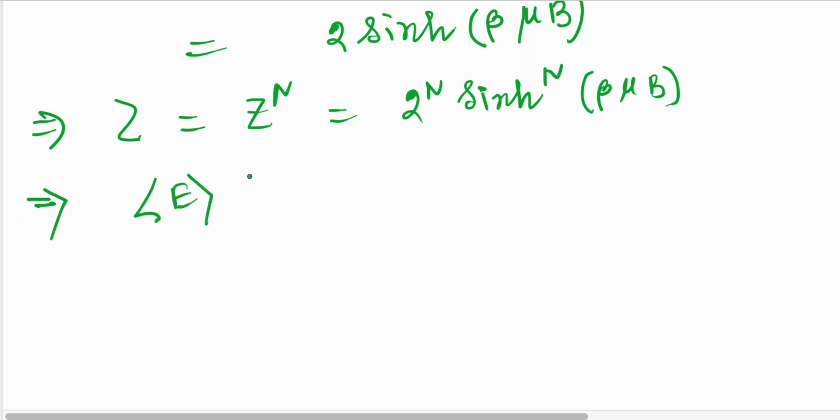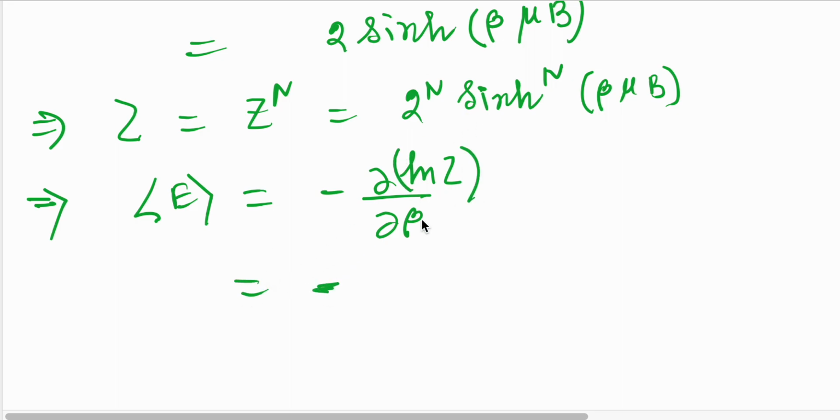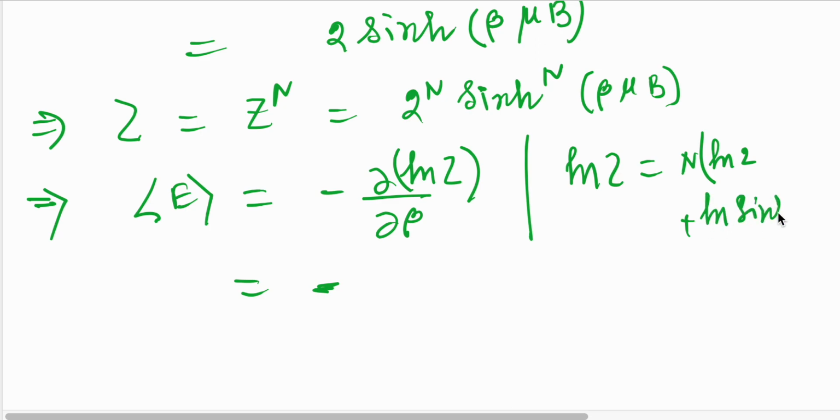Average energy will be minus del beta of ln Z. If I take ln Z, first ln Z will be N ln 2 plus N ln sinh beta mu B.